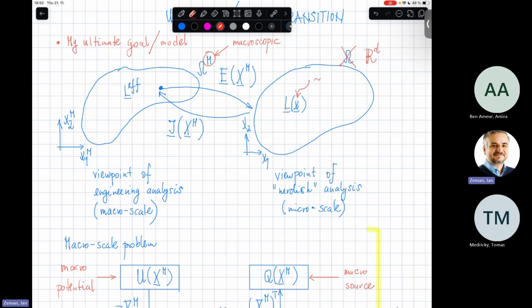So this is related to the characteristic size of my microstructure. So for instance, my aggregates, if I'm a concrete person.